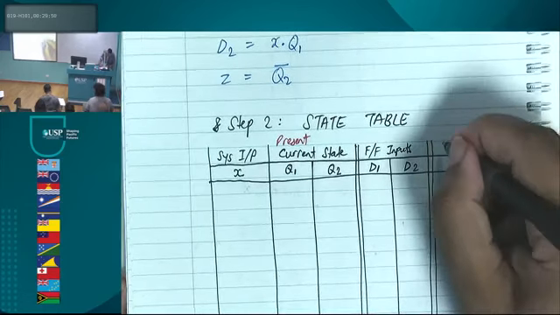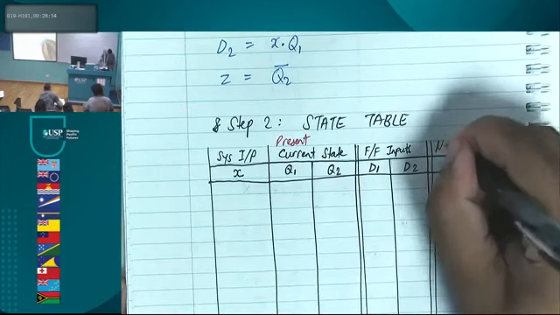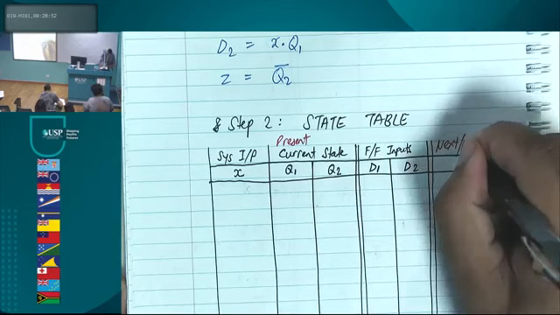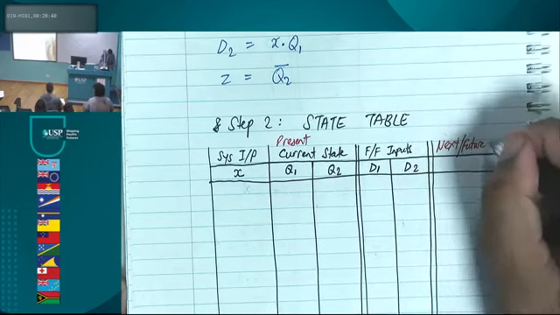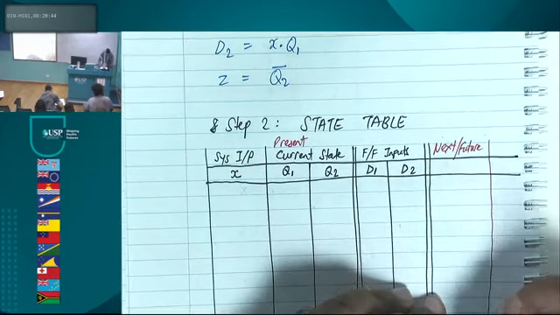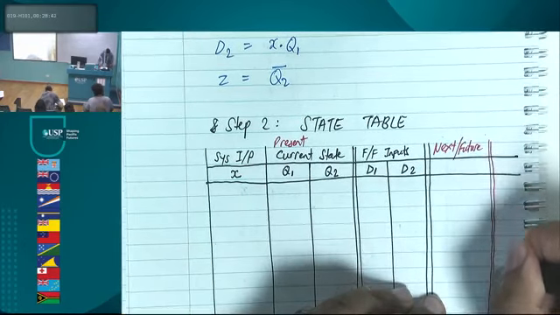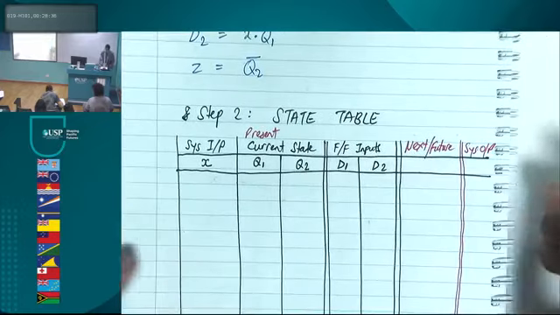Then we have next state, some people call it future state. And then we have system output.